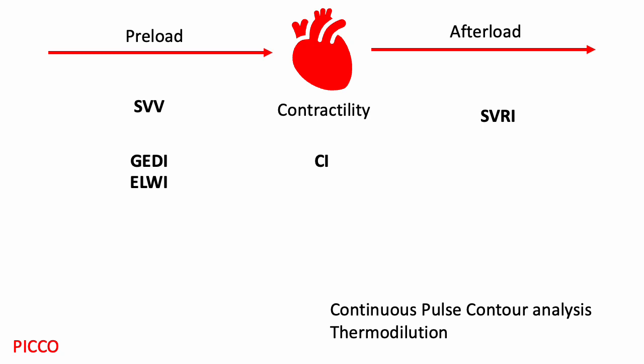Your preload, it gives you a stroke volume variation, and your GEDI, which is your global end diastolic index, and your extravascular lung water index that shows how much blood is in the heart and how wet the lungs are. Your contractility can be demonstrated with your cardiac index, and your afterload can be demonstrated with your systemic vascular resistance index. So depending on the values of these would guide us towards management.